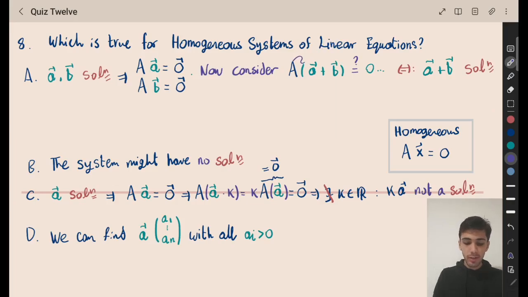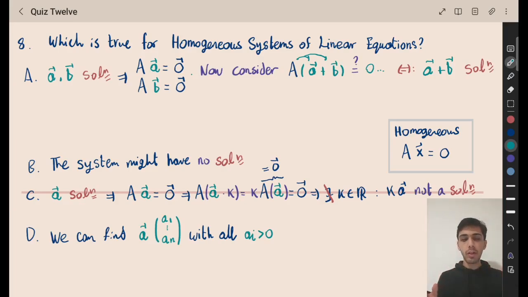You need to use the linearity of the matrix. The matrix is a linear map. And linearity means that I can apply the matrix to each vector separately, and it would have the same effect as applying it to the sum.